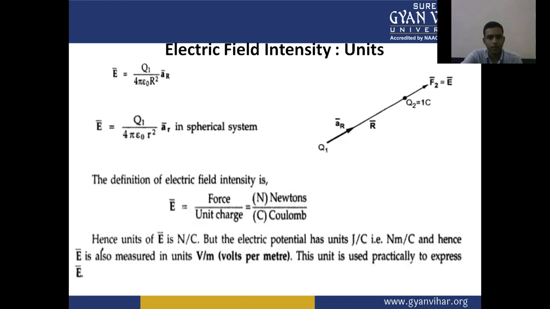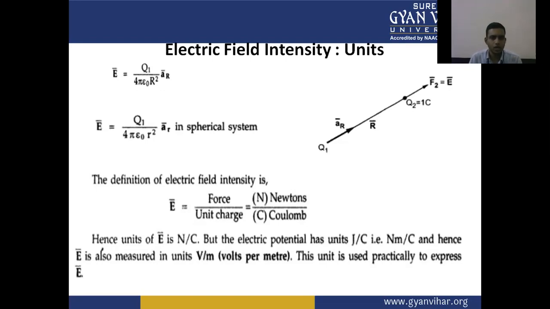The definition of the electric field intensity is the force per unit charge. Force is defined in newtons and charge is defined in coulombs. So the unit of E is Newton per coulomb. But electric potential has units joule per coulomb, that is Newton meter per coulomb.